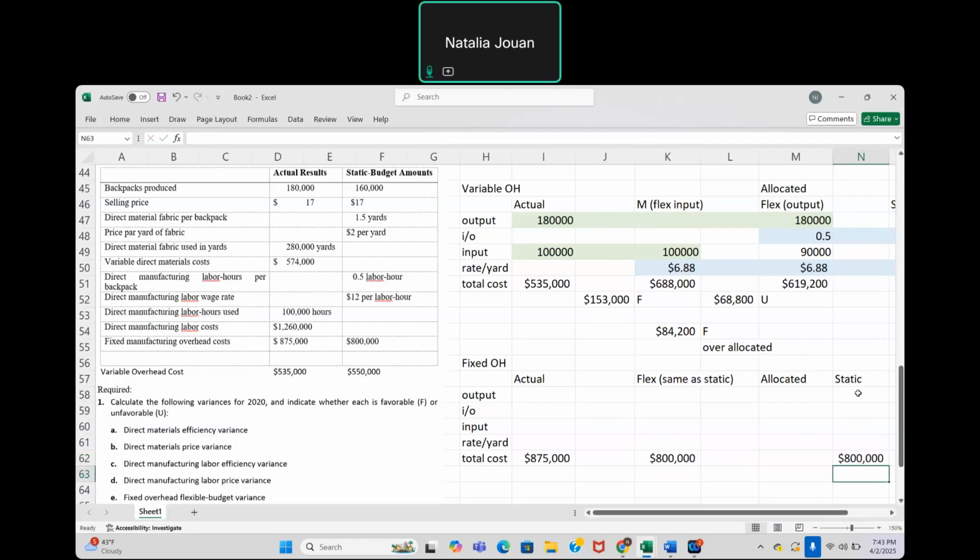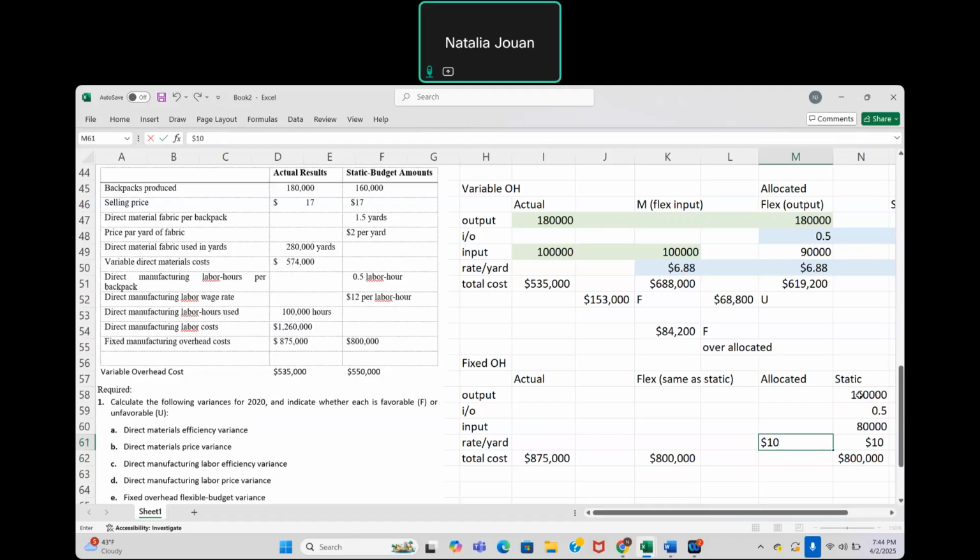We were budgeting on making 160,000 backpacks, taking half an hour. So this should be 80. That tells us that the rate is $10 an hour. So I'm going to move the rate over here.